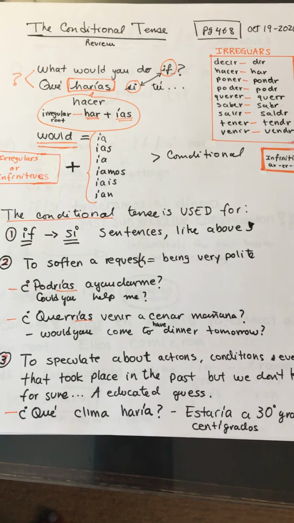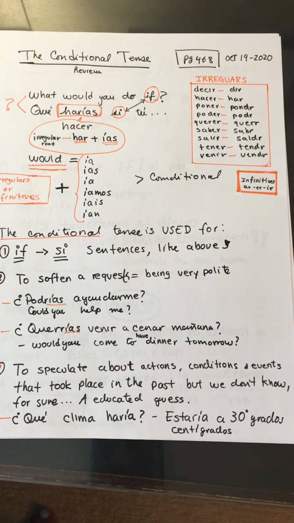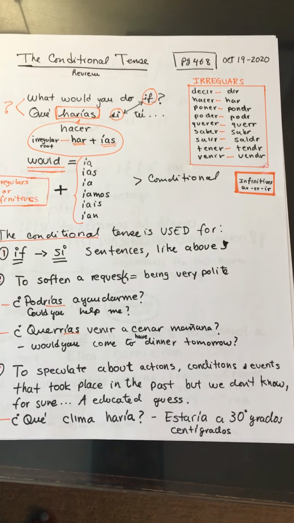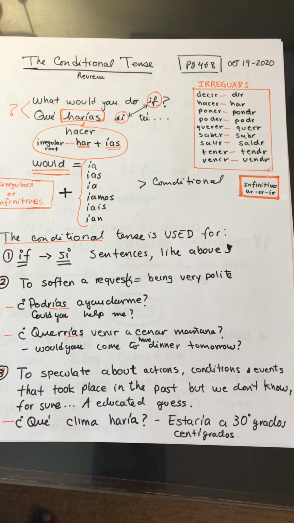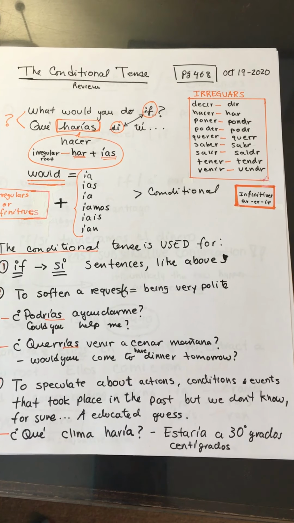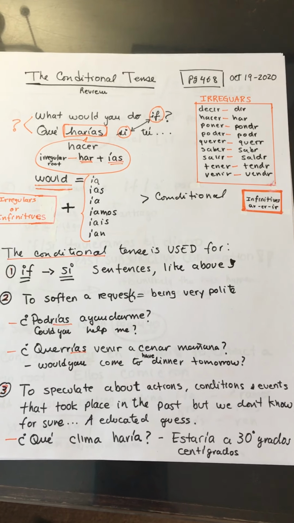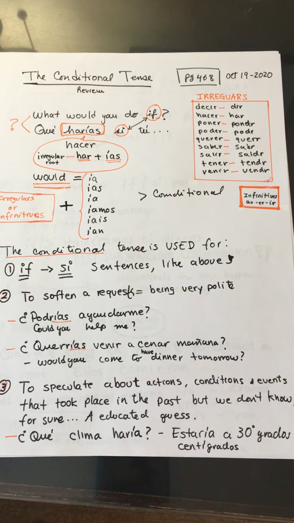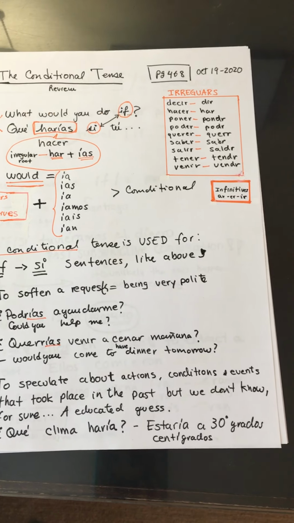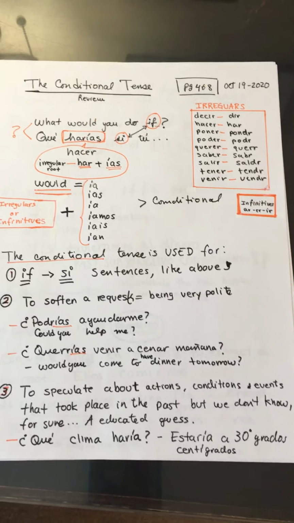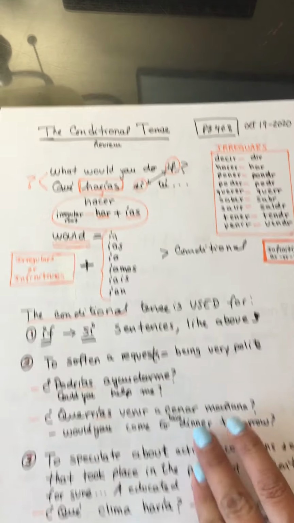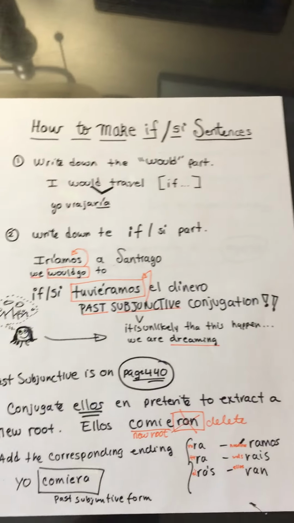Maybe I'm not in Alameda. Right now, I am in Mexico, but I've been living in Alameda 28 years, and I know that by October we are still getting high temperatures. So I will say, ¿qué clima haría? They will ask me. Estaría a 30 grados centígrados. And it's very likely that I am right, because it's an educated guess.